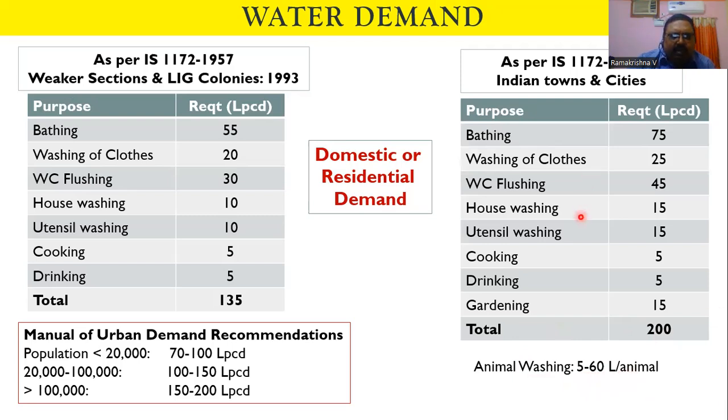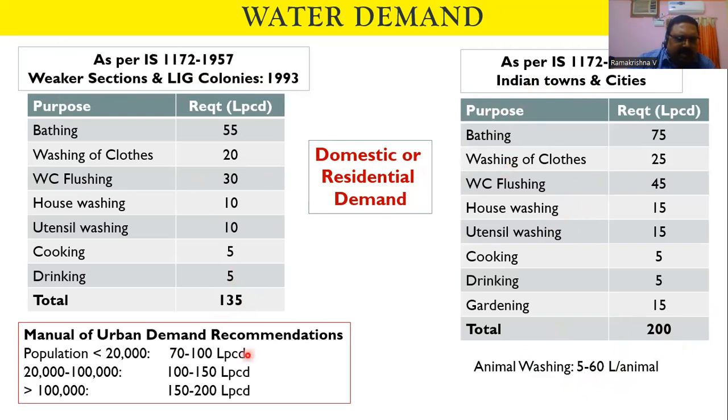So how to characterize these two? 135 is taken as the minimum water requirement, and that is considered for weaker sections and LIG colonies in 1993. And the 200 LPCD is considered for Indian towns and cities.